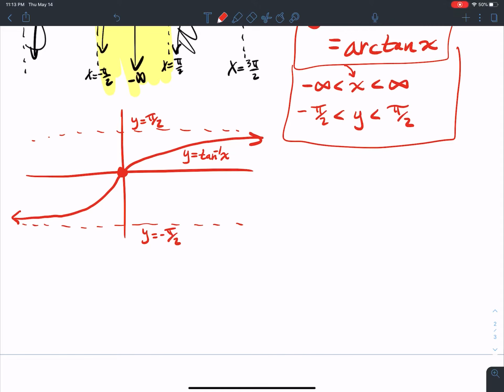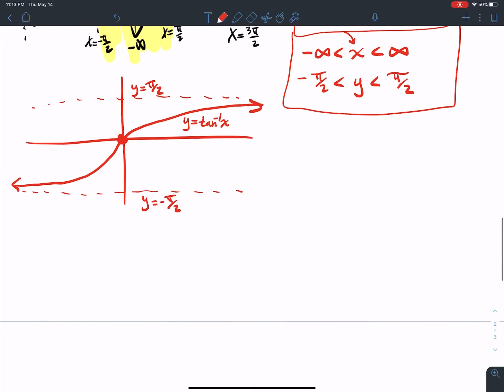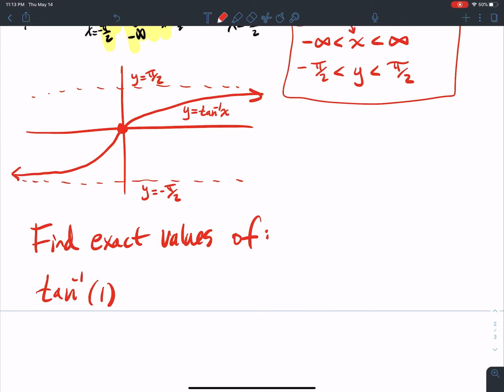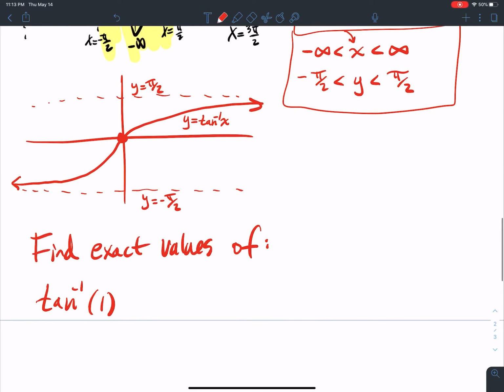So what I want to do now is find some exact values. So let's try tangent inverse of 1. Now think back to arctangent versus tangent. Trig tells you the ratio of sides.